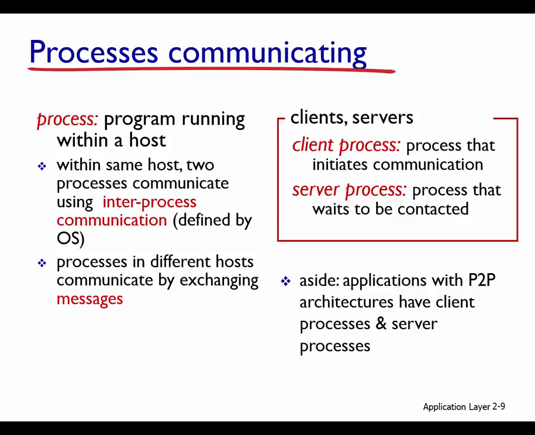So looking at processes from the client-server versus the peer-to-peer point of view, in a client-server, your APIs are going to be set up so that the client initiates communication and the server waits to be contacted. In peer-to-peer architecture, each host has a dual role, so they're actually acting as a client process and a server process.